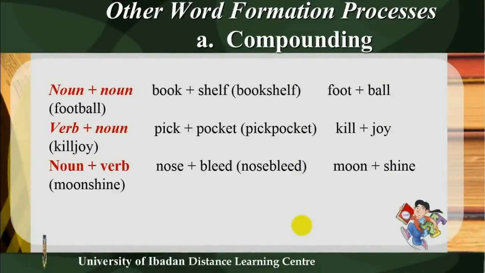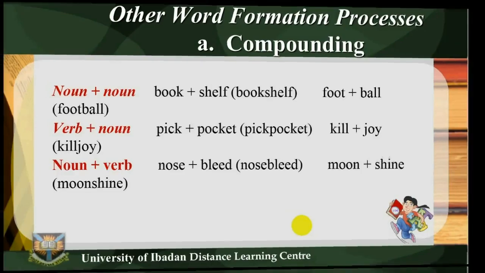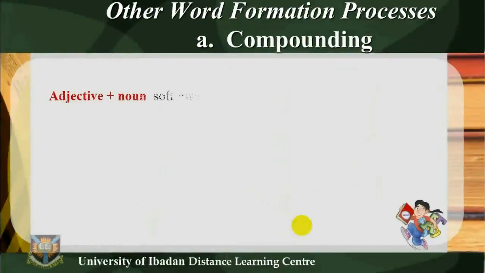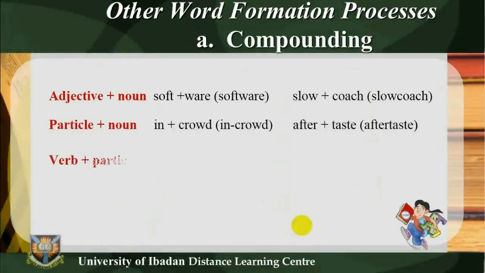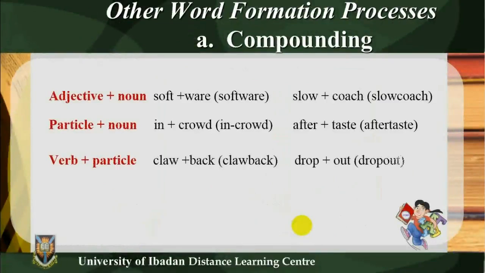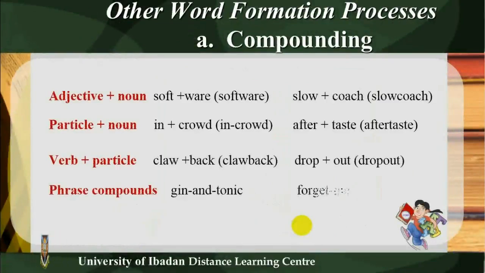Noun plus verb: nose plus bleed, nosebleed; moon plus shine, moonshine. Adjective plus noun: soft plus wear, software; slow plus coach, slow coach. Particle plus noun: in and crowd, in crowd; after plus taste, aftertaste.